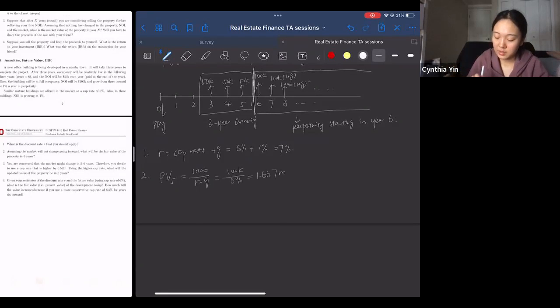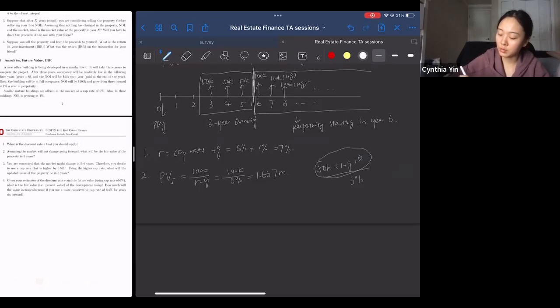I think as long as you're on track doing the perpetuity, you should not be deducted many points. Some of you might discount it back to today, but not many, I think. And if you have any concerns about that, you can let me know. But some of you, I think it's a confusion or misunderstanding of the cash flow. Some of you use the 50K, grow it for 6 years, and use that as the NOI to calculate the perpetuity divided by 6%.